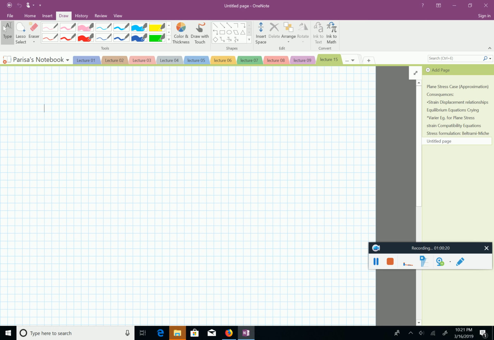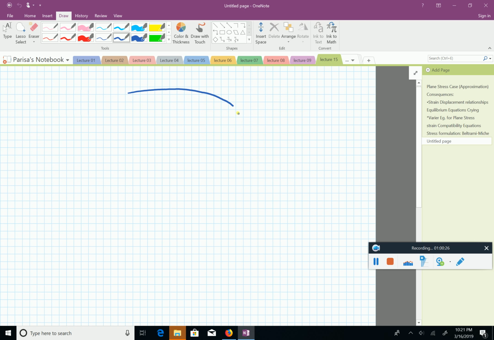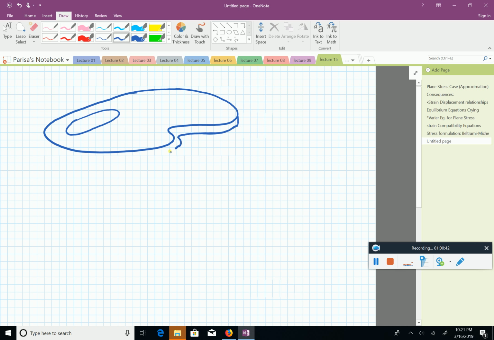The only possible solution would be having a kind of plate, like a structure where the thickness is much smaller compared to the other dimensions.